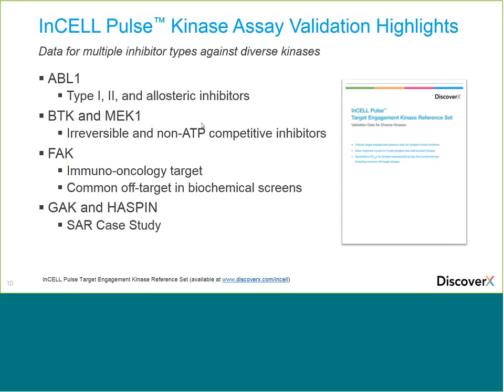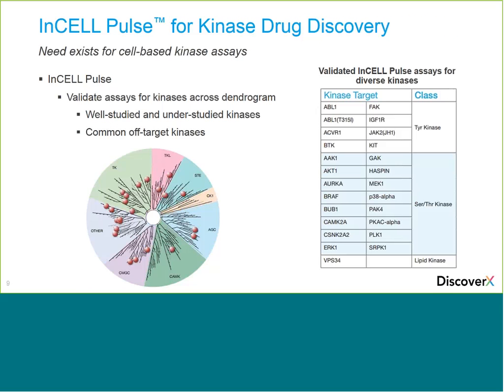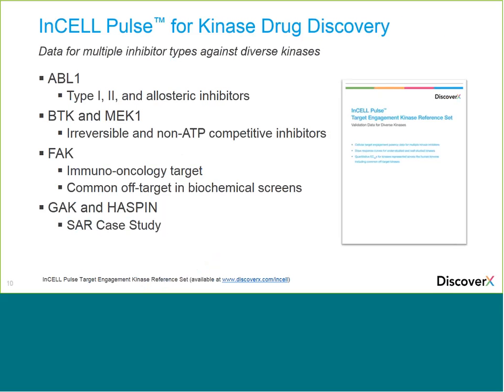I'm only going to focus on 4 or 5 examples here, but to the right, I show an image of a document that we've put together called the Kinase Reference Set for InCELL Pulse that has validation data for all 25 kinases on the list I'm showing here on the right-hand side of this slide. So this document is extremely valuable. It can be downloaded at the URL shown below, and the validated expression vectors for these kinases are available.